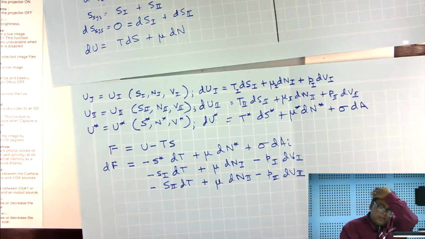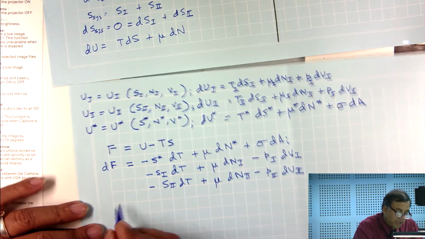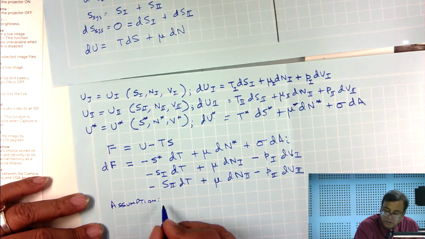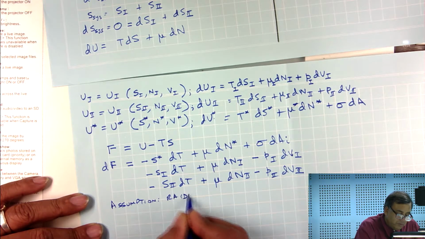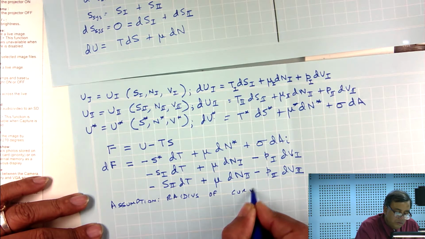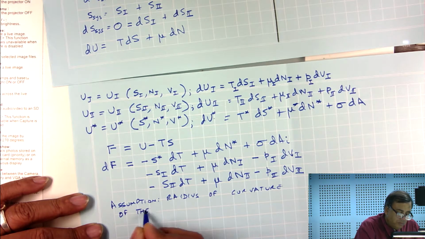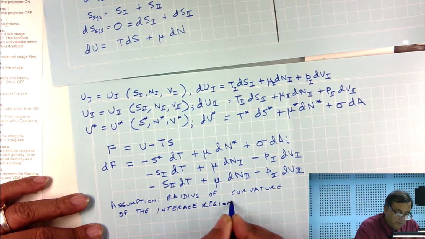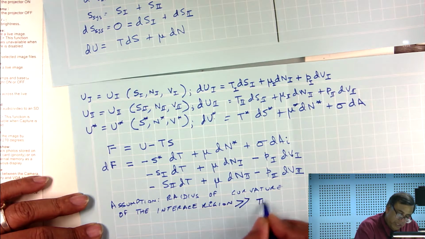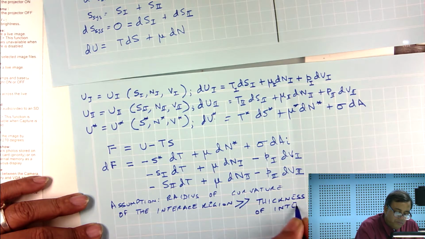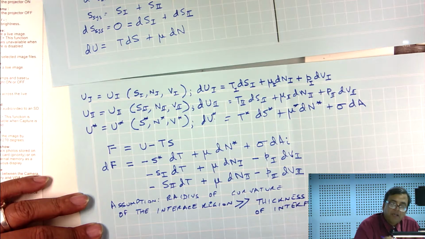Now, implicit in this derivation of this equation, I am making an assumption, and that assumption is that the radius of curvature of the interface region is much bigger than the thickness of that interface. So, keep this in mind, because when we discuss nano bubbles, this one will become an issue.